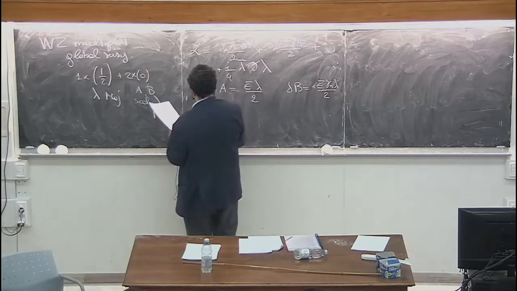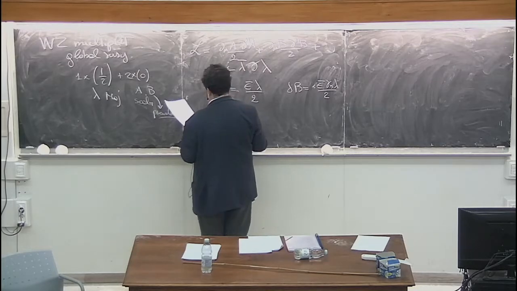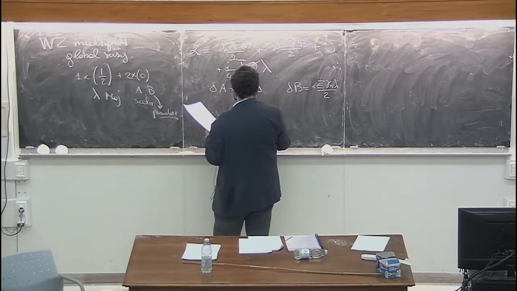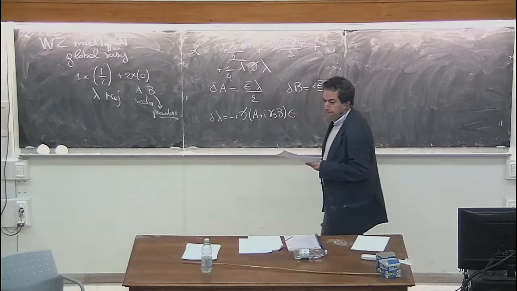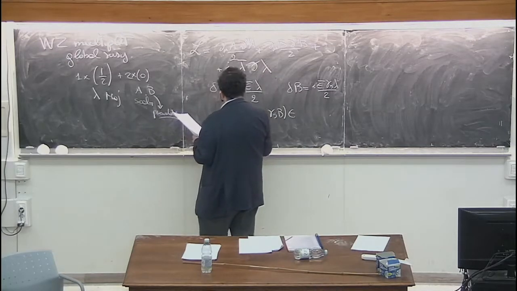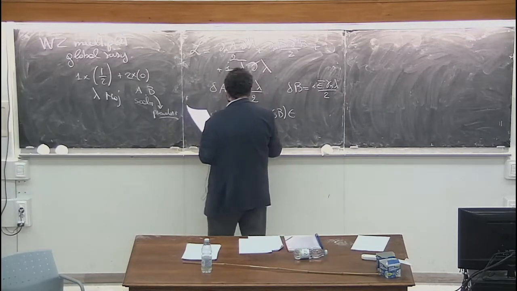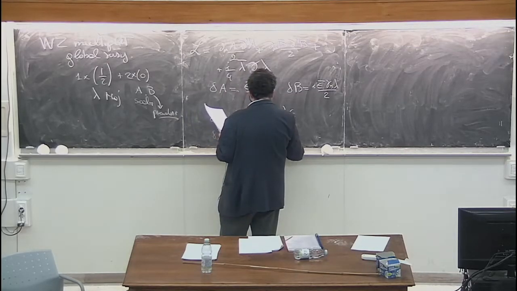And δlambda equals minus i ∂-slash A plus i γ5 B epsilon. Okay? That means that δlambda bar is i epsilon bar ∂-slash A minus i γ5 B.